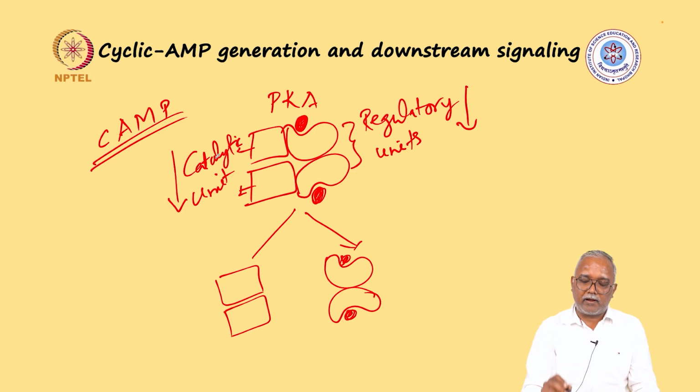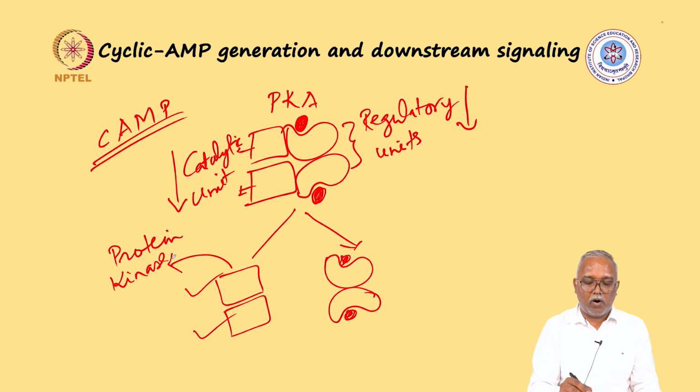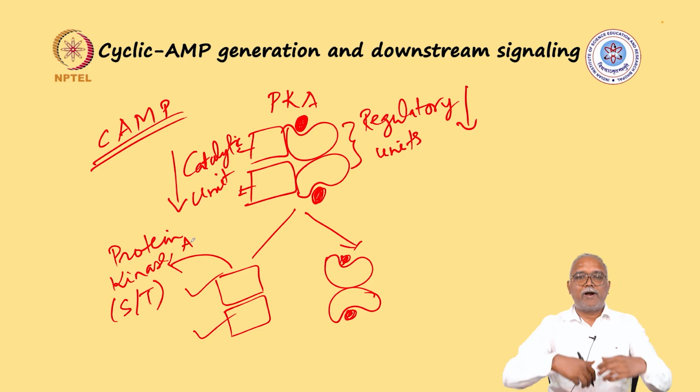As soon as the cyclic AMP bound, the affinity for the catalytic unit decreased, and that is where your catalytic unit is free to do what job? Basically this is a protein kinase of serine threonine kinase type. Okay, so this will now find its target molecules and phosphorylate.